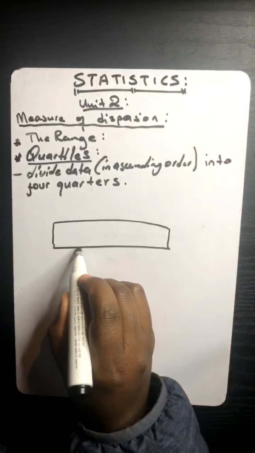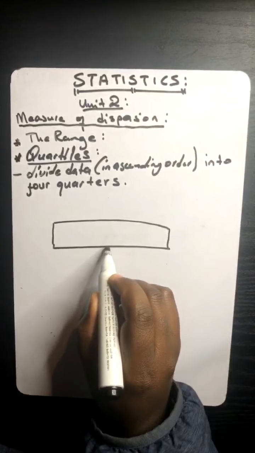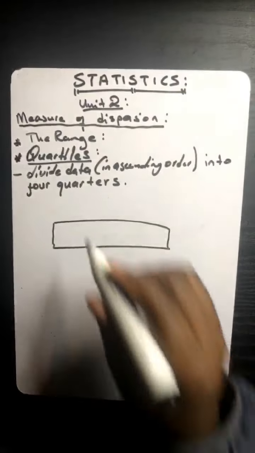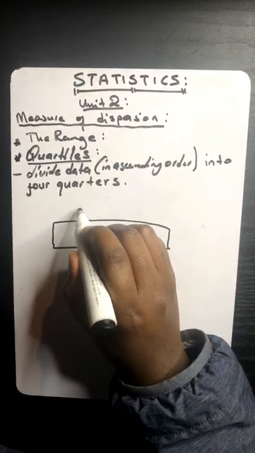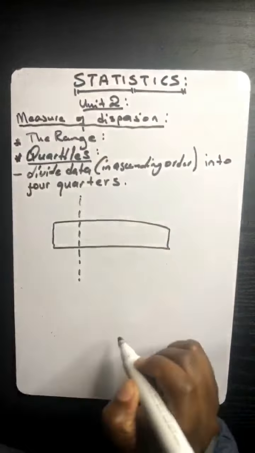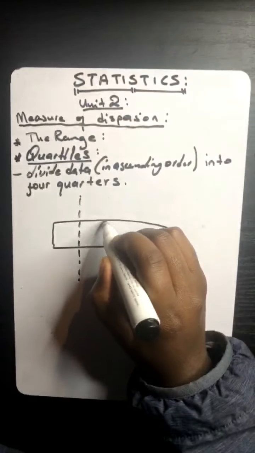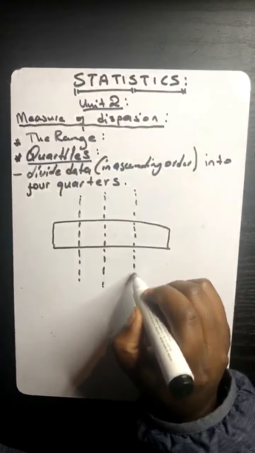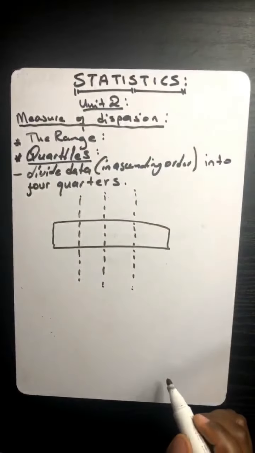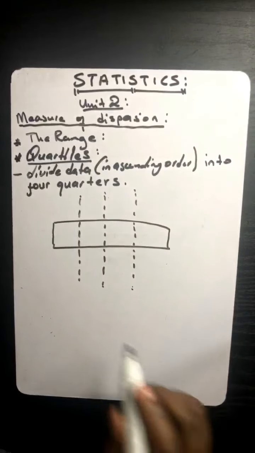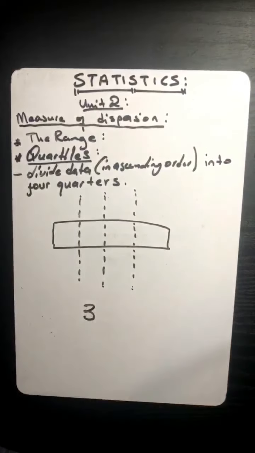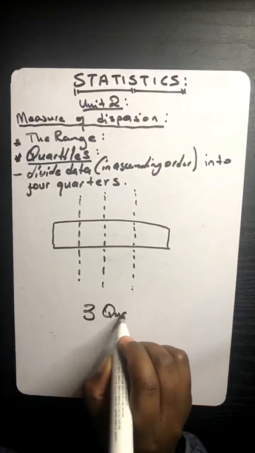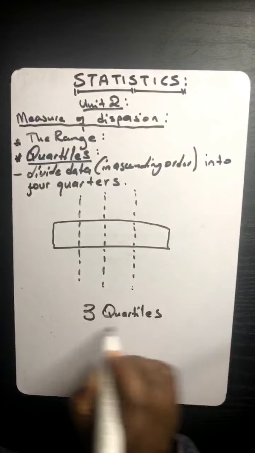We might have a quarter there, a quarter there, and another quarter there. So this is quartile number 1. Maybe this one is another quartile, and that one there another quartile. Can you see that we actually have 3 quartiles?